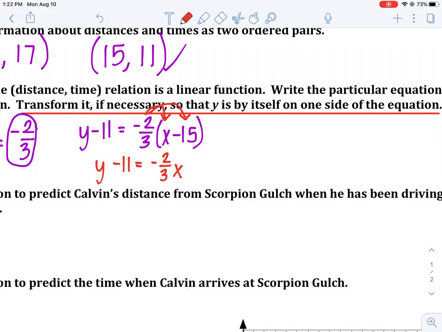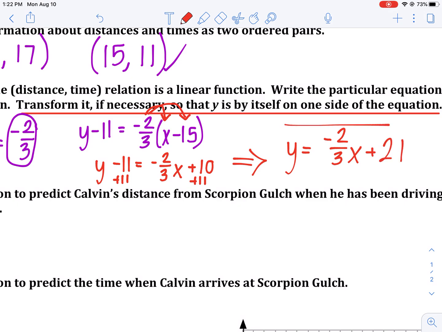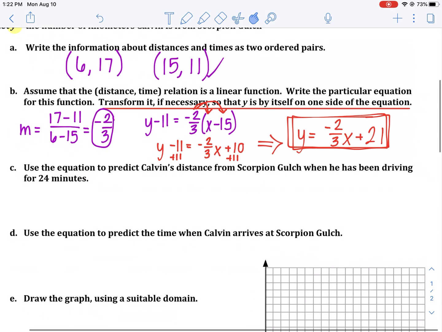Negative 2/3 times negative 15 is actually positive 10. So not bad at all. Now make sure you add that 11 to both sides. So your new equation becomes y equals negative 2 over 3x plus 21. That is the equation that you will need, and that is how you will get full points on part B.